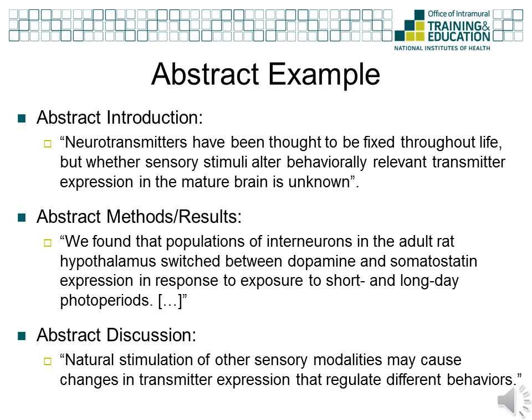Finally, the abstract includes a brief interpretation of the results or their significance for the scientific field. Natural stimulation of other sensory modalities may cause changes in transmitter expression that regulate different behaviors. As you can see with this example, the abstract follows the structure of a paper, including an introduction, methods, results, and discussion.